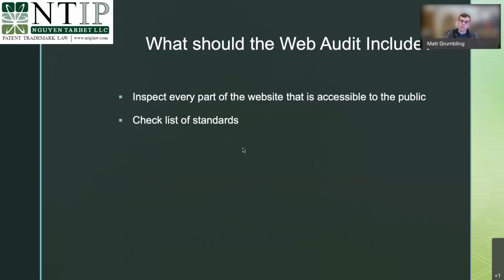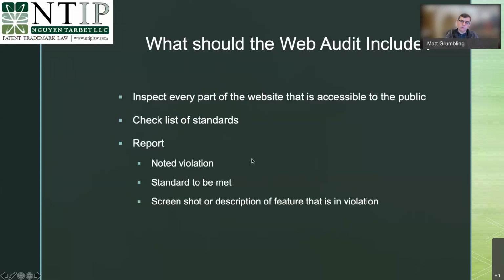Which software did they use to try to read the text off of your website? What tests did they perform? Things like that. There should be a report. Again, it should have every noted violation, whatever the standard was that was supposed to be met, and then a screenshot and or a description of the feature that is in violation.